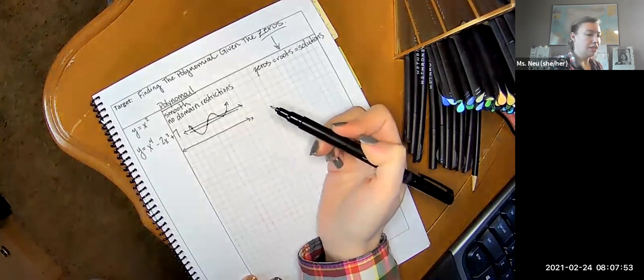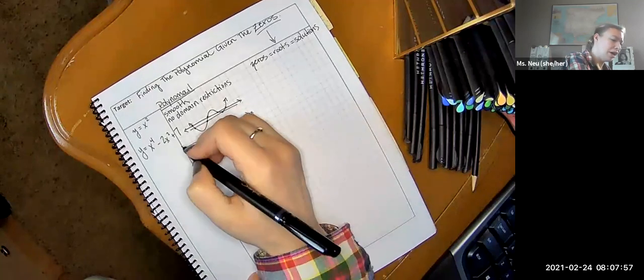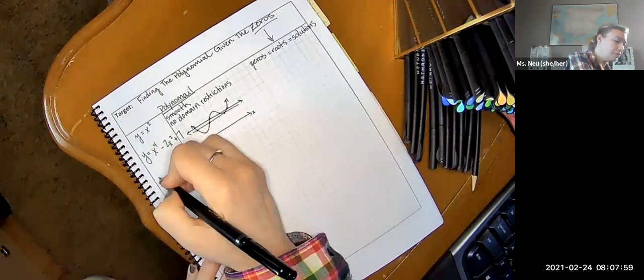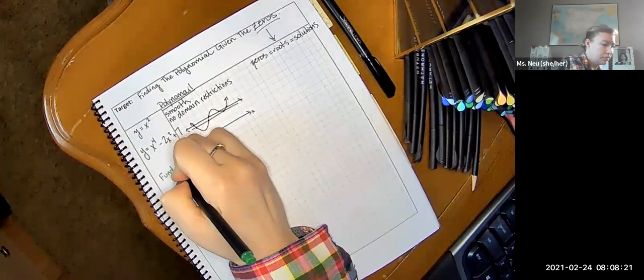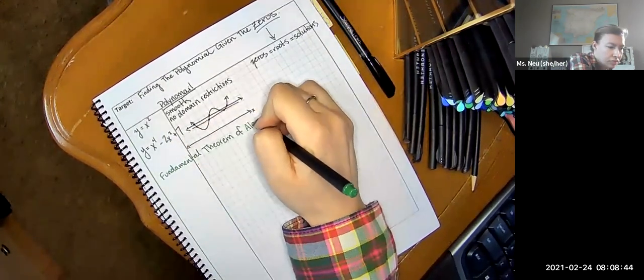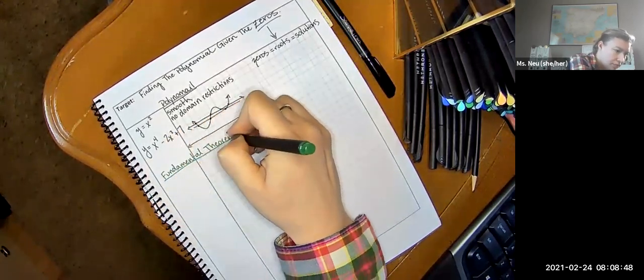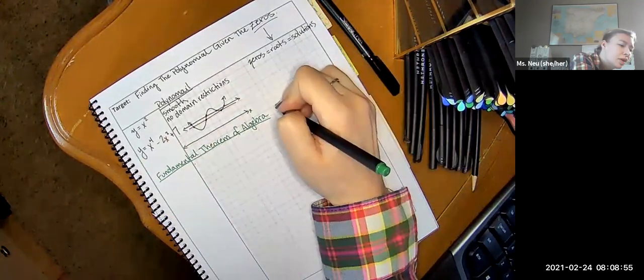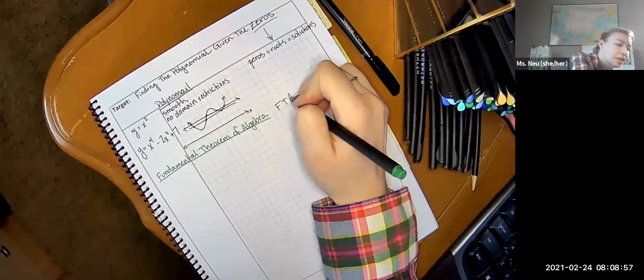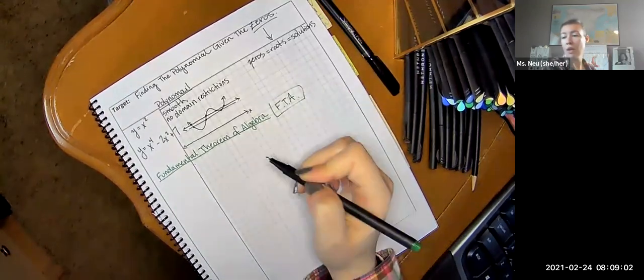So this actually leads us to the fundamental theorem of algebra, also known as FTA. Here we go.